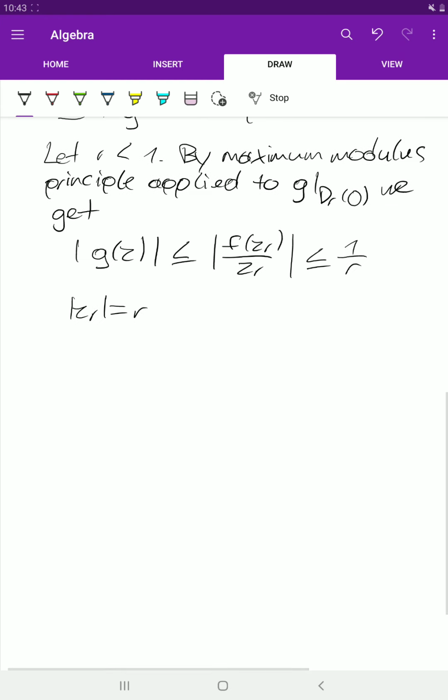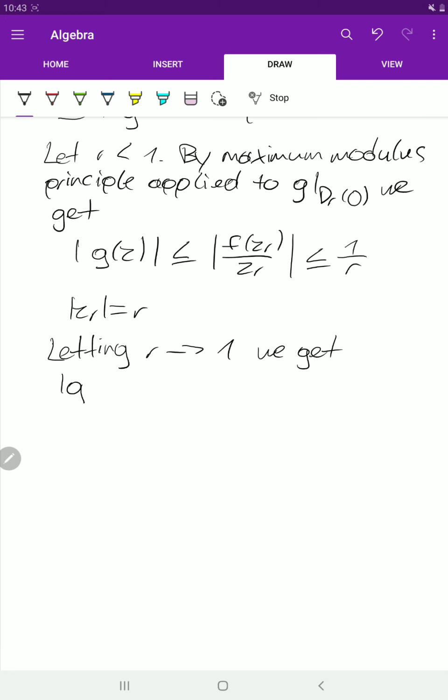And now we just let r go to 1, and then we get that the modulus of g is at most 1.